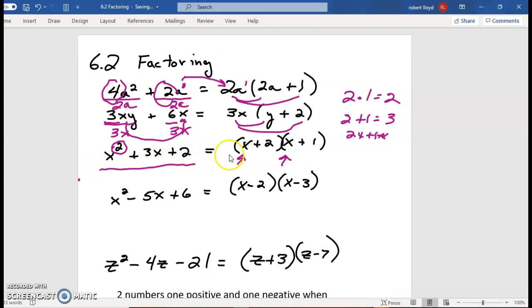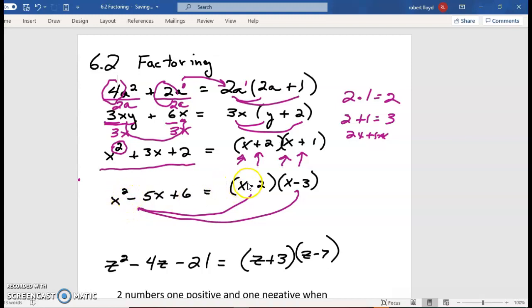So that's the first one factored. Notice that all the signs are positive, so the signs in the parentheses will both be positive. The next one, the last term is positive, but the middle term is negative. So the two terms in parentheses are going to be separated by a negative.